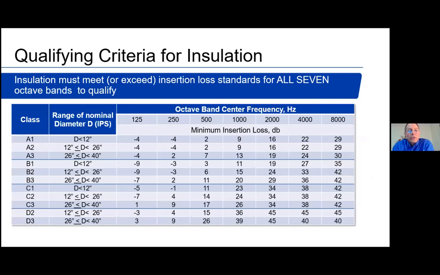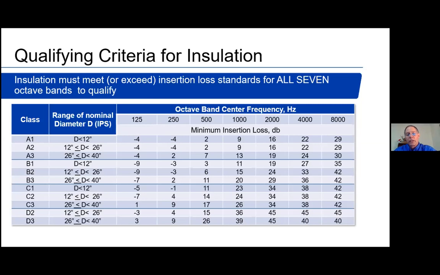And then this is the performance requirement as defined within the standard. So within this, you can see the classes on the far left. So you have your A1, A2, A3, B1, B2, B3, and C and D as follows, with the description of the sizes that go with it. And then the standard defines the minimum insertion loss that must be provided by the insulation system that you're looking to use at each of the octave bands that are defined in the table in the standard.